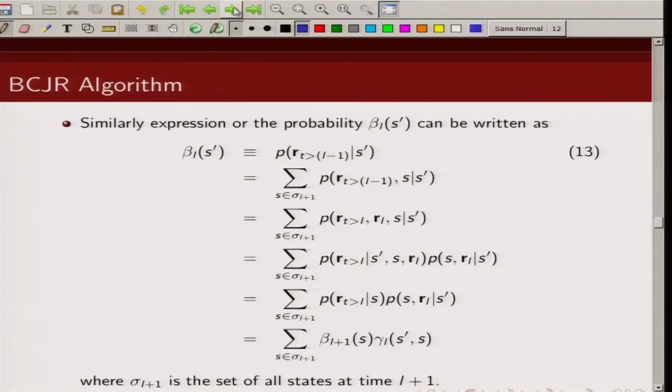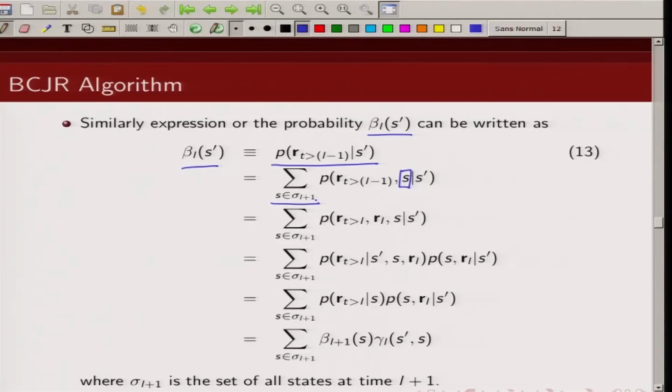So, similarly we can compute betas recursively. From the definition we can write betas in this particular fashion, and again we introduce a new variable s and sum over all possible values of s.